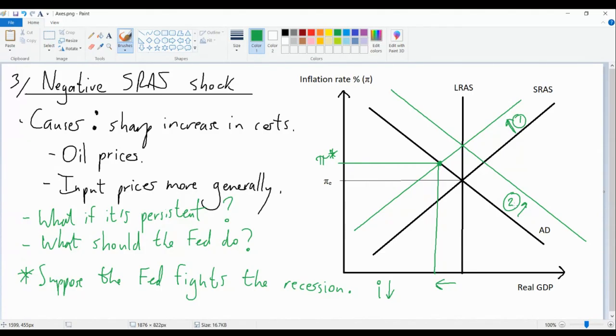One, they have eliminated the recession. That was the whole point. But they've done something else as well. They've shown that when there's a negative supply shock, what they're going to do is fight it, right? Fight the recession. And in so doing, what have they done? They have increased inflation even more.